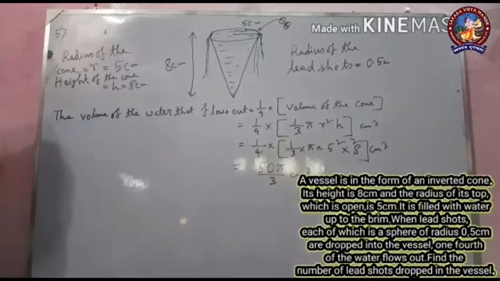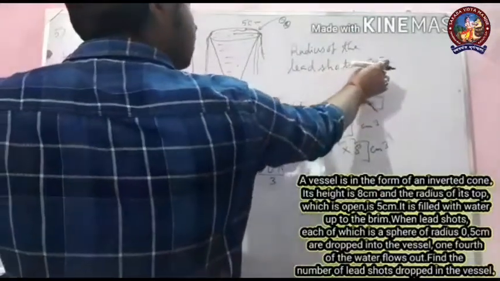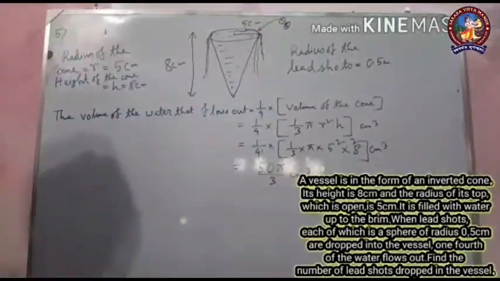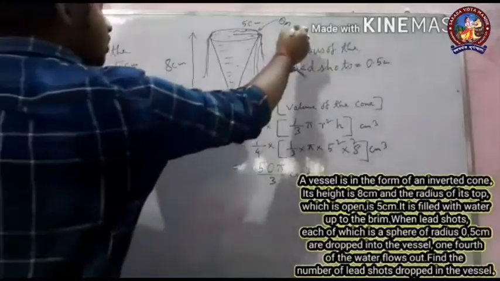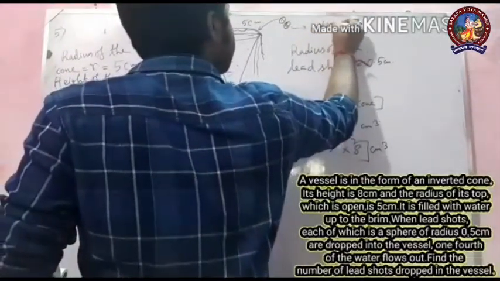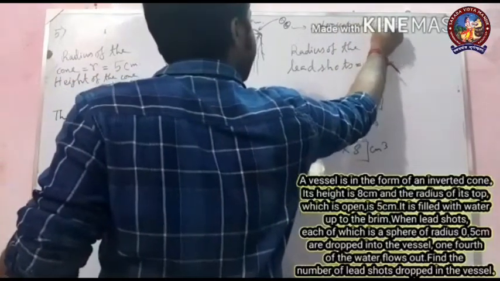Now, the radius of each lead shot is given 0.5 centimeter. These lead shots are of spherical shape, right?